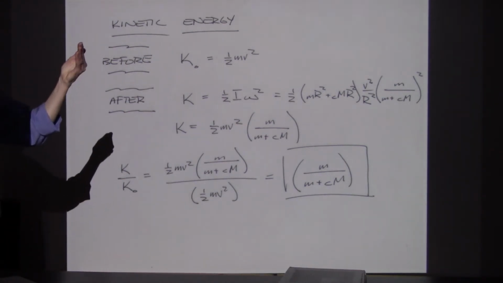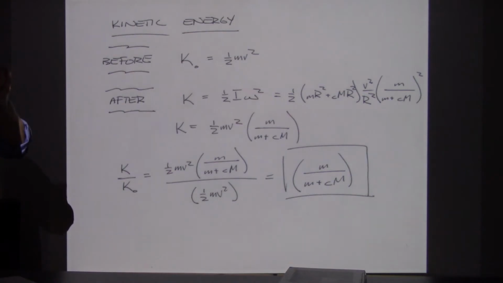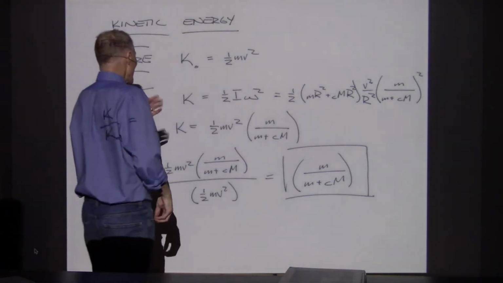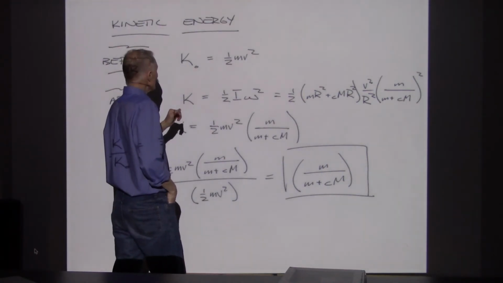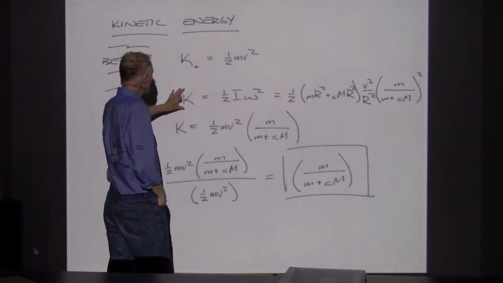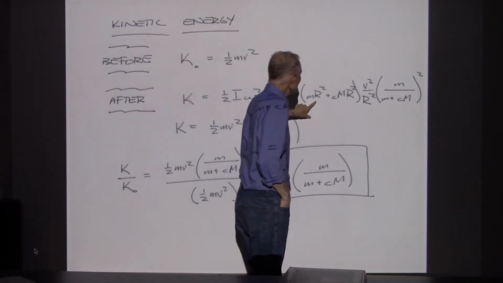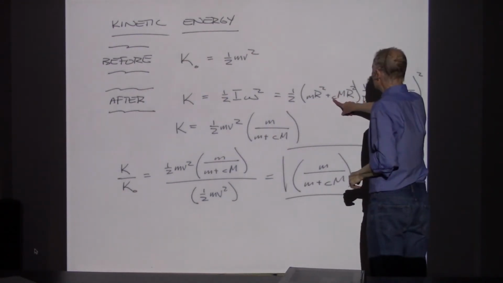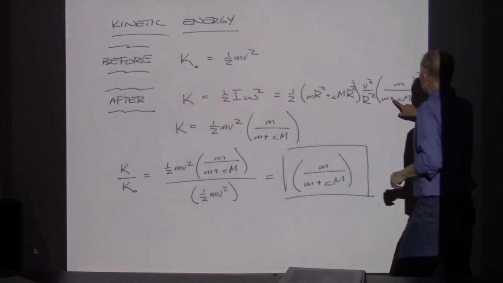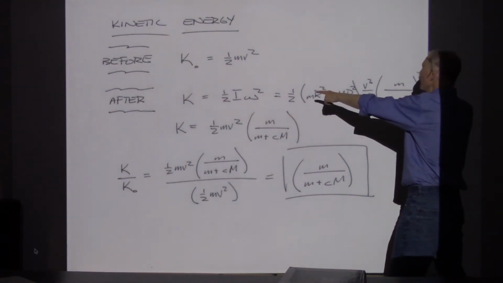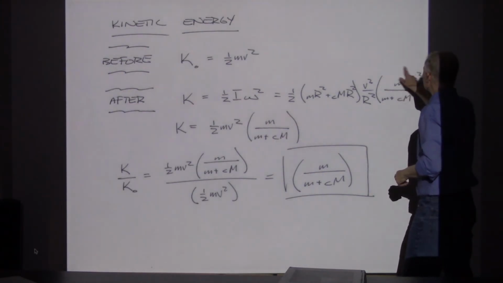The object came along at some speed and it hit and it stopped. It didn't bounce off, so they're not separating. So let's see how much kinetic energy is lost. And so the kinetic energy after is 1/2 I omega squared. I've substituted in the expression for the rotational inertia, and then I substituted in the expression for omega and squared it.